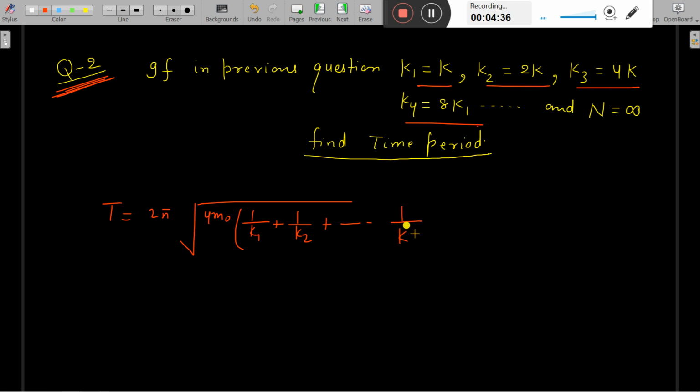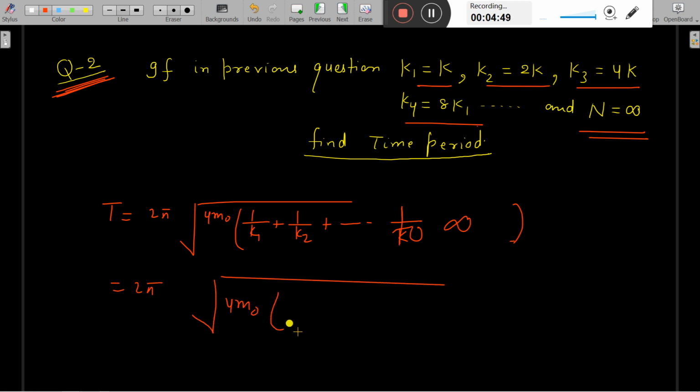Here n comes out to be infinite. The number of terms is infinite. So that is 2 pi under root 4 m0 times (1 by k1 is 1 by k, k2 is 1 by 2k, k3 is 1 by 4k, k4 is 1 by 8k, to infinite).